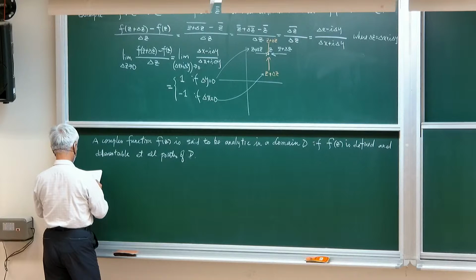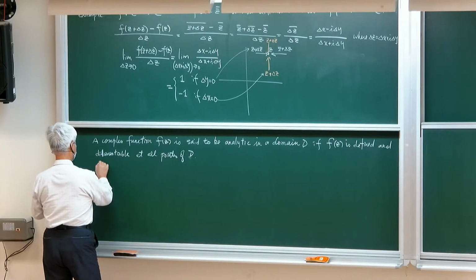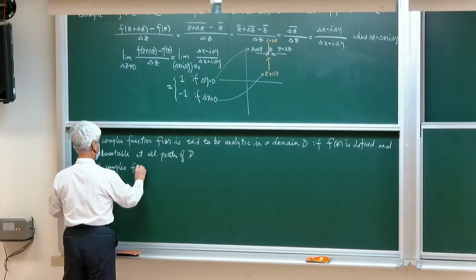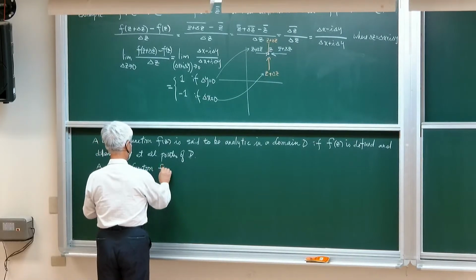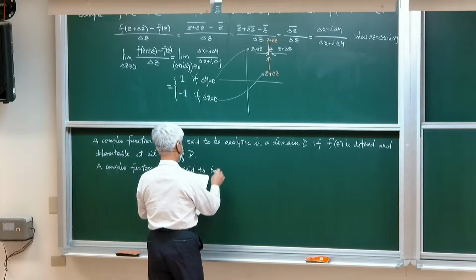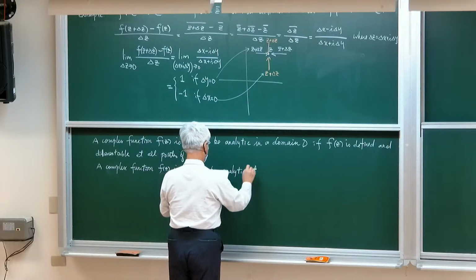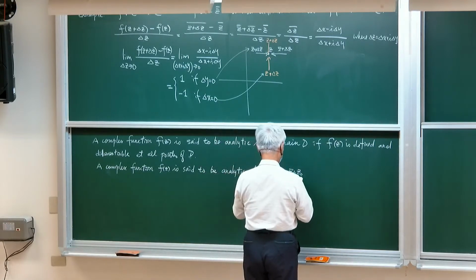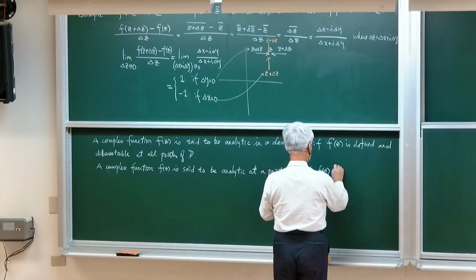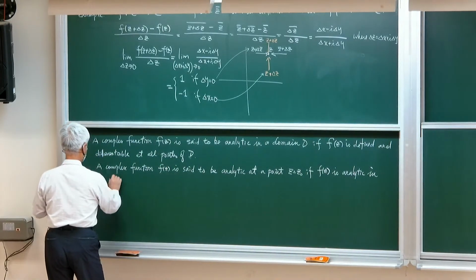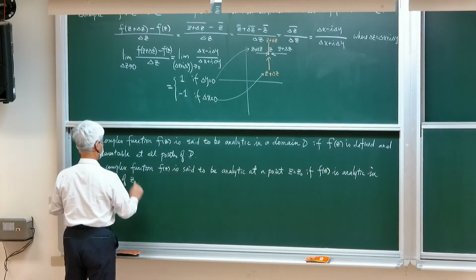Now, a complex function f of z is said to be analytic at a point z equal to z0 if f of z is analytic in a neighborhood of z0.